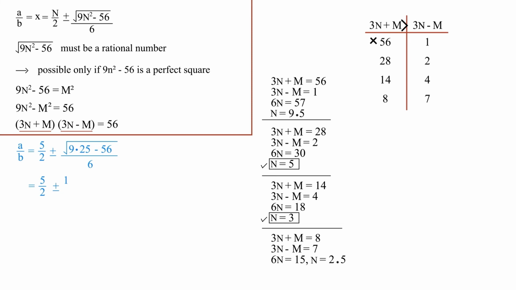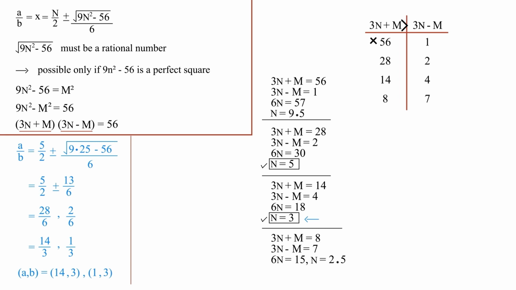So it's plus or minus 13 over 6. This gives me values of 28 over 6 and 2 over 6. And remember, we have to put this into lowest terms because a and b cannot have common factors greater than 1. So that becomes 14 over 3 and 1 over 3. So there we go. We've got 2 ordered pairs: 14 and 3, and 1 and 3.